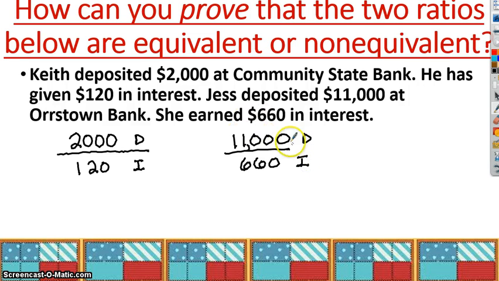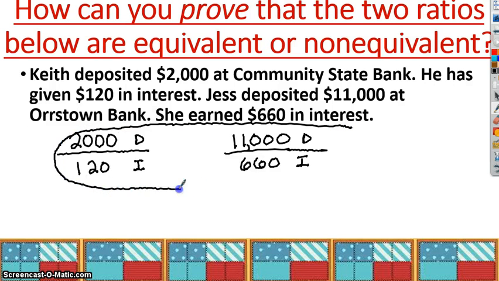Notice when I'm setting these up, I am setting them up in a consistent way. Deposit to interest, deposit to interest. I would like you to determine on your own whether you think these represent equivalent or non-equivalent ratios, and we will discuss that tomorrow in class.